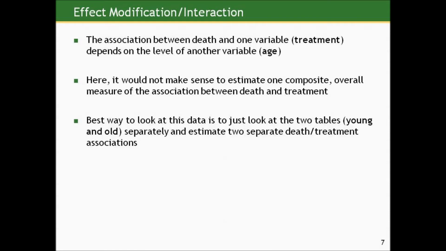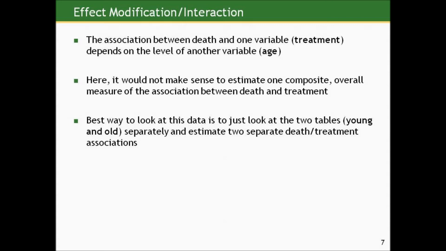When we stratify by the potential confounder and/or effect modifier, we get results within our strata that are qualitatively different across the strata. In this situation, it would not make sense to mash these two stratum-specific estimates into what we call one overall age-adjusted association, because they're estimating two different processes. One is protective, the other is harmful. Why would we mash those two together to get one overall age-adjusted association?